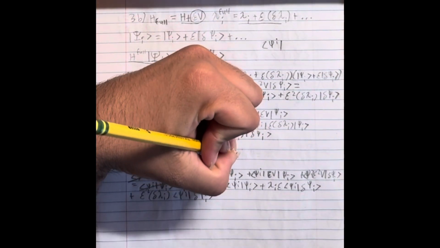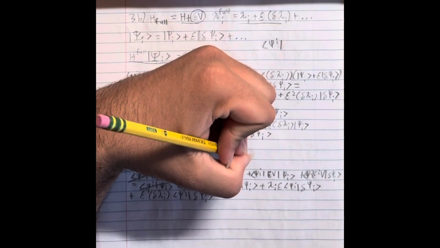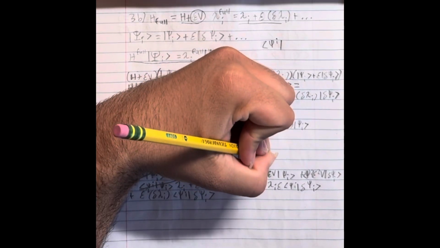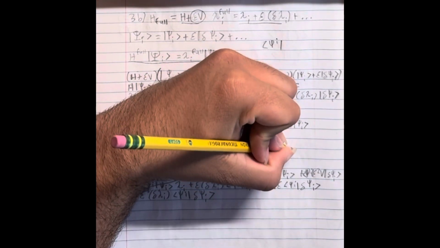Since we know that the Hamiltonian is Hermitian, we can use this property right here to help simplify our expression even more.